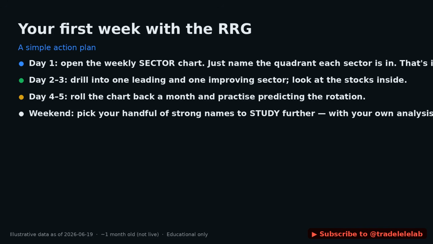On days 4 and 5, roll the chart back by a month and practice predicting how the rotation will unfold, then check yourself. And over the weekend, pick out your handful of strong names, the ones worth studying further, always with your own analysis on top. Do that for a few weeks, and reading rotation will start to feel completely natural.